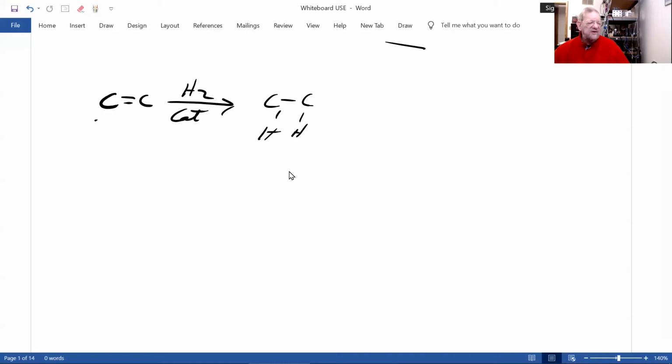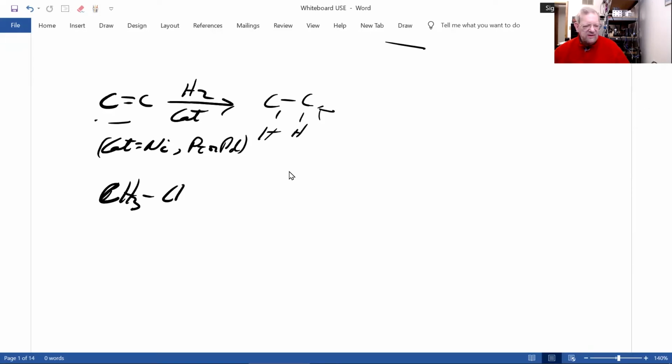You learned this for test number 1: alkene, catalyst, and hydrogen, you get an alkane. By the way, the switch is big time on here.